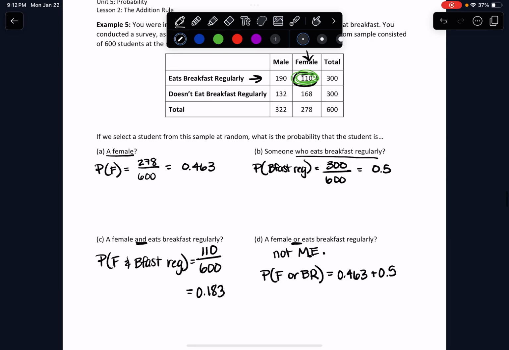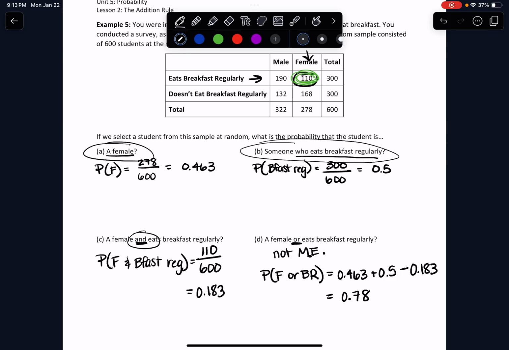So we're going to add the probability of female with the probability of someone who eats breakfast regularly, and we're going to subtract the overlap. So minus 0.183, and that equals 0.78. So that is lesson 2, the addition rule. Lots of different ways we can apply it in order to look at probability.